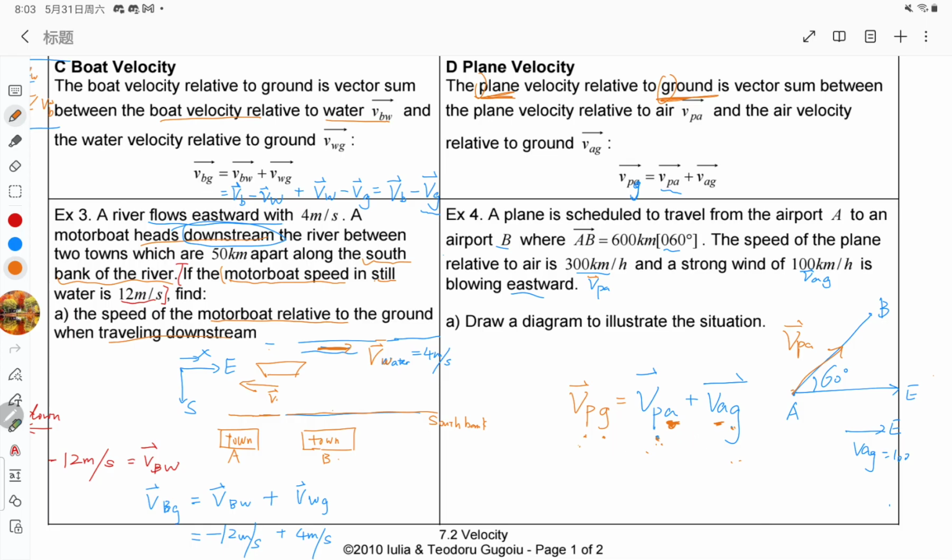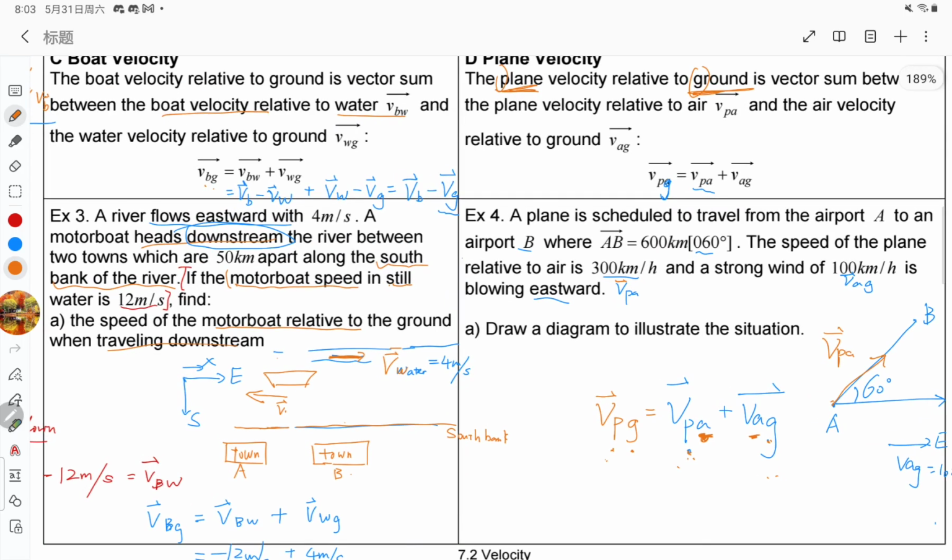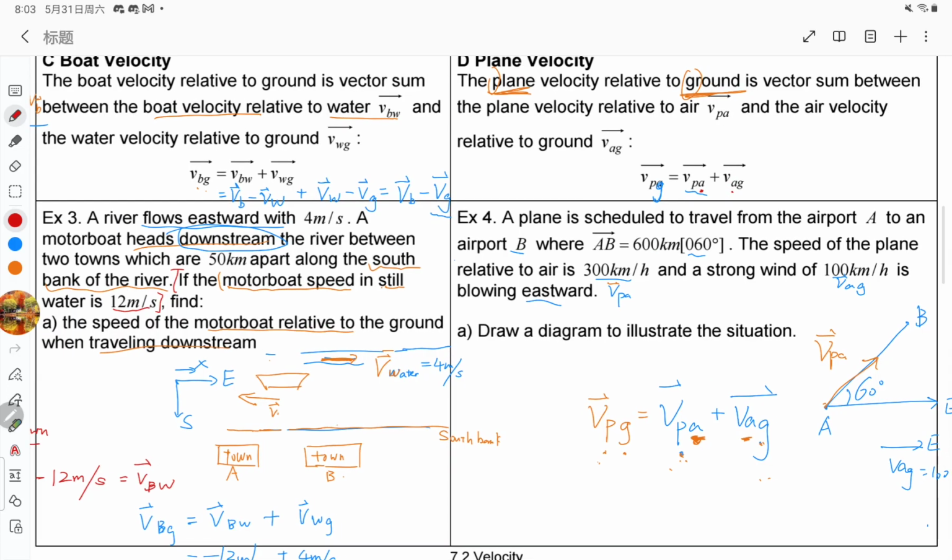Also, like the boat relative to the ground, BG, we just insert an intermediate comparing object like W. So BW, WG, right? The point is that if you were to remember this definition, you only need to understand what is the intermediate object that we are comparing to, right?